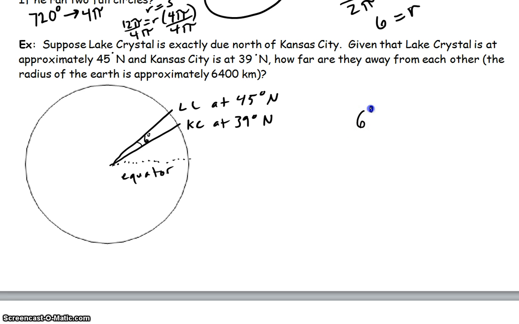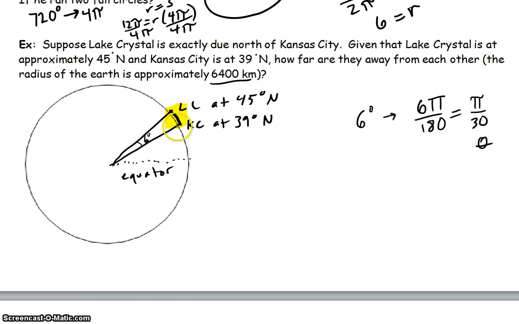Well, if we convert this to radians, it's 6 pi over 180, which is pi over 30. Okay, so this is my angle. If the radius of the Earth is approximately 6,400 kilometers, then we need to figure out just exactly what this distance is, from this point here to that point.